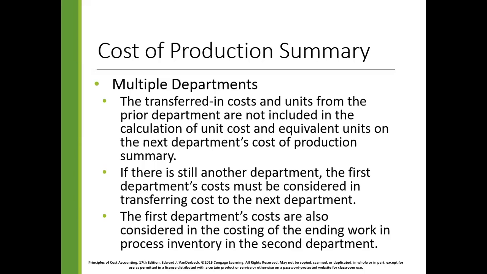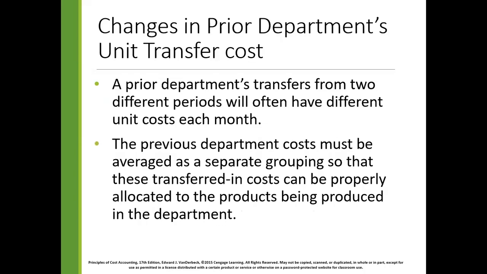If there is still another department, the first department's cost must be considered in transferring costs to the next department. The first department's costs are also considered in the costing of the ending work in process inventory in the second department.